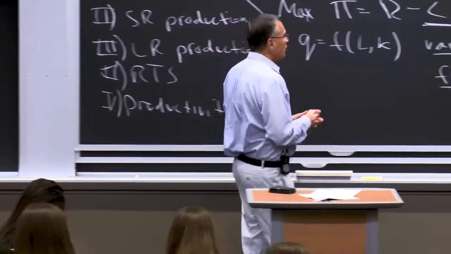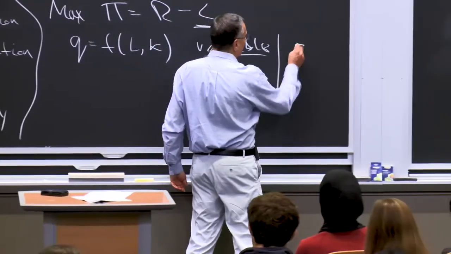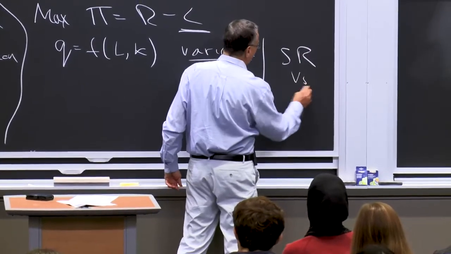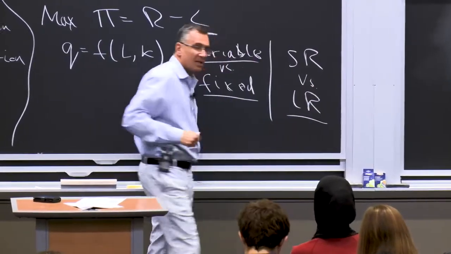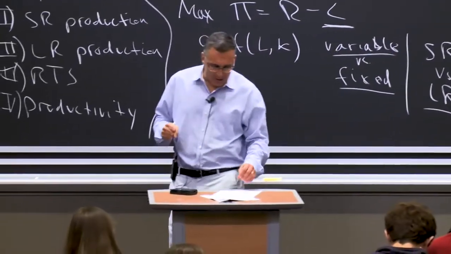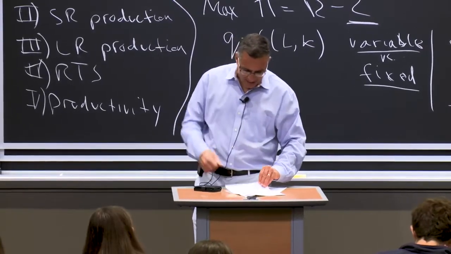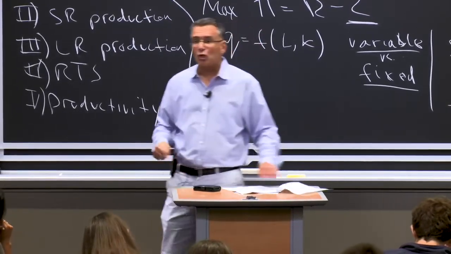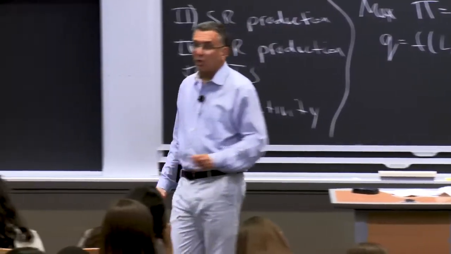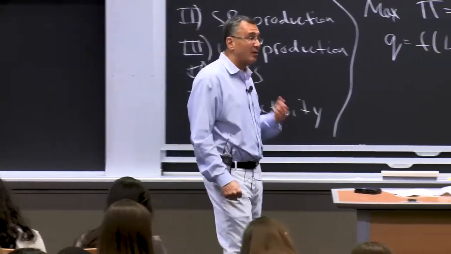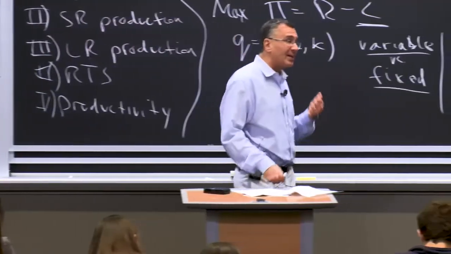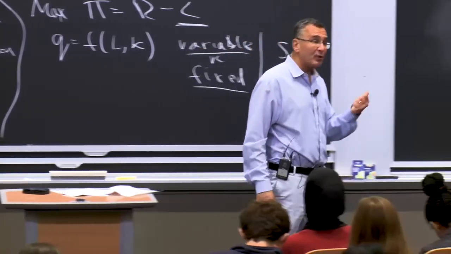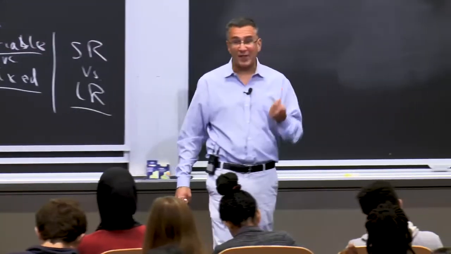And the key distinction we draw when we think about variable and fixed is the short run versus the long run. The way we define these is that basically in the short run, some inputs are fixed and some are variable. In particular, we're going to say in the short run, labor is variable and capital is fixed.